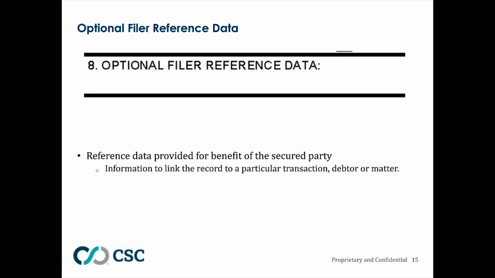It's provided solely for the benefit of the secured party. It allows the secured party to link that particular record to the file or to a particular transaction, because it is not unusual in a transaction to have multiple financing statements filed as part of it. So it is used there for the secured party's information.